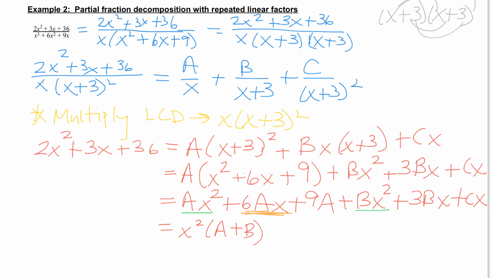So I have a 6ax here, a 3bx here, and a cx right here. So that's going to be x out in front, and then I have 6a plus 3b plus c. And then the constant that I have left over is just this 9a. So then I can add together my constant, which is 9a.